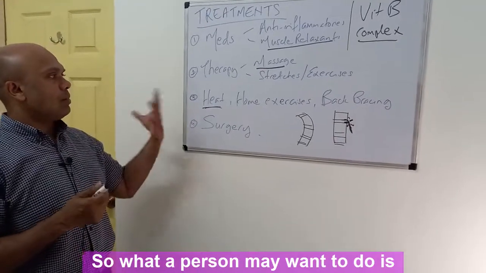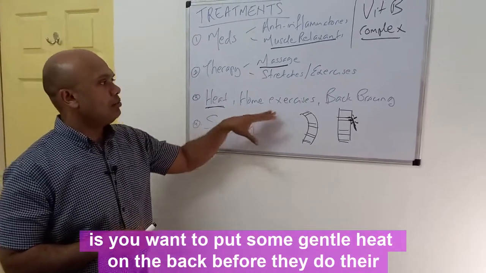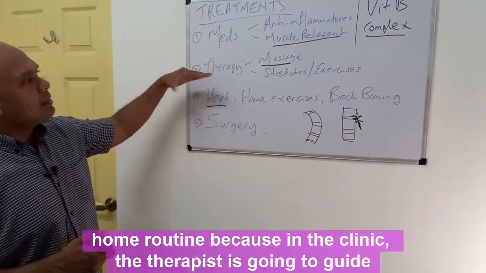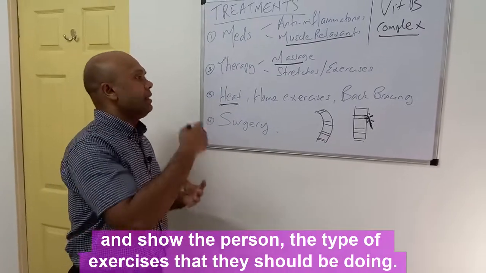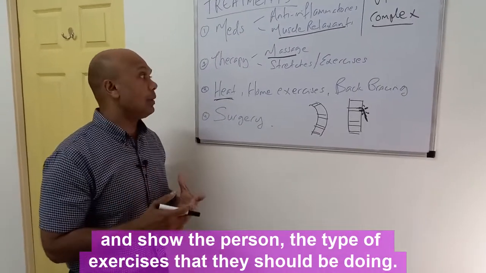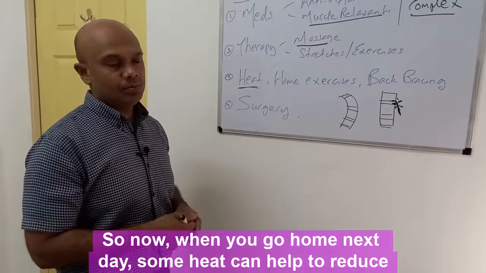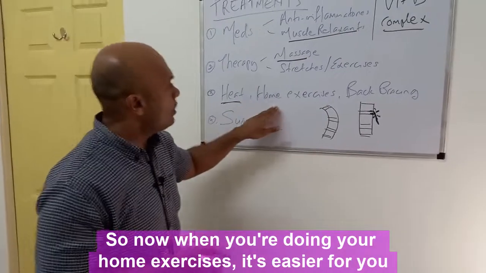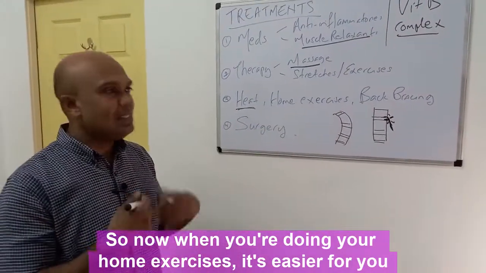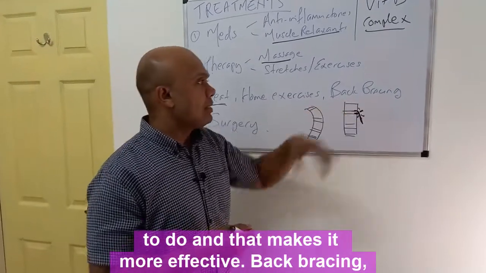So a person may want to put some gentle heat on the back before they do their home routine, because in the clinic the therapist is going to guide the person and show them the type of exercises they should be doing. So when you go home the next day, some heat can help to reduce the tension in the muscle and warm the muscles up. Now when you're doing your home exercises, it's easier for you to do, and that makes it more effective.